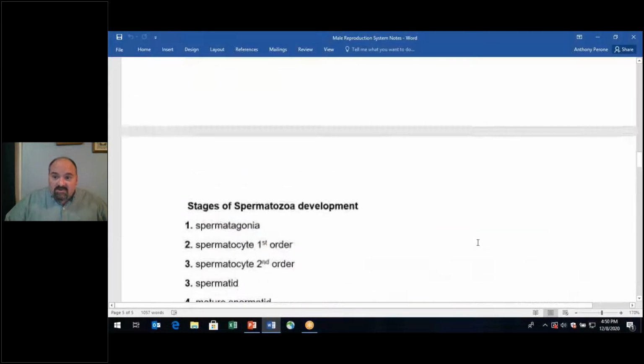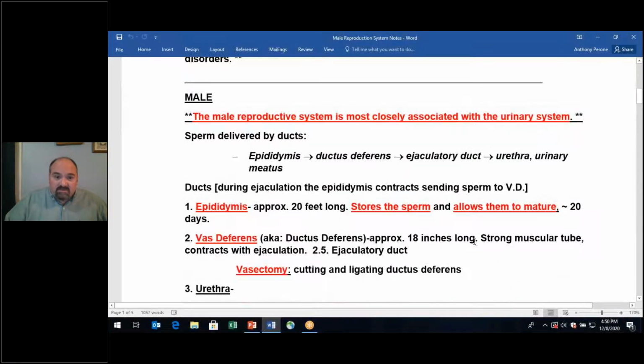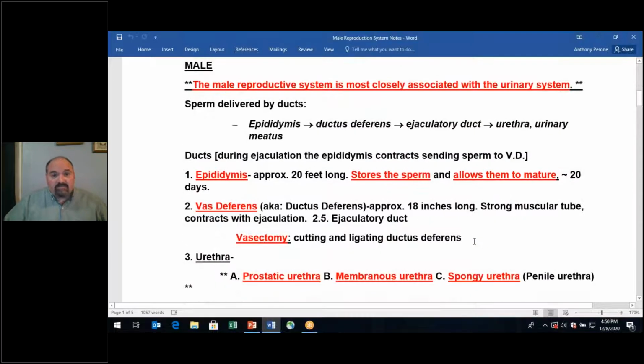So let's now go back to the male reproductive system. It's most closely associated with the urinary system, and you're going to see that the urethra will have multiple areas: the prostatic urethra, membranous urethra, and the spongy urethra, aka the penile urethra. This is in addition to the vas deferens, which is a tube network.